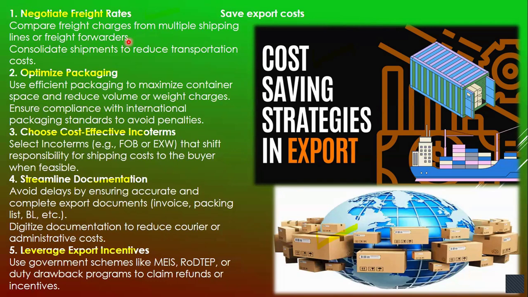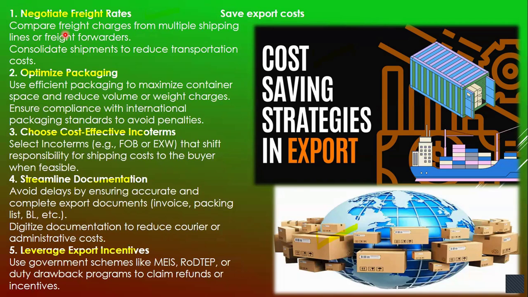So these are the comparisons we need to check, to see which one is the best for our organization, and take approval from the management for the same. Not only do we need to compare the charges, but we also need to compare the service.